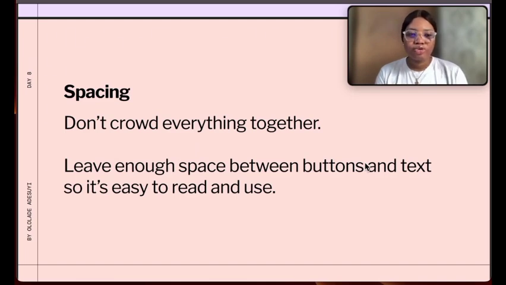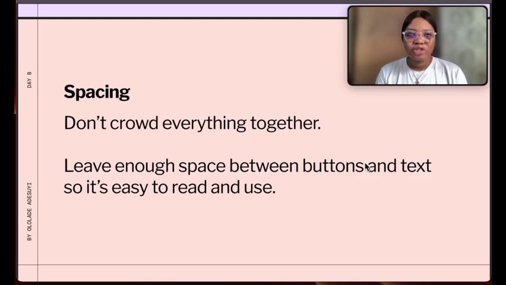It will help you to create a very clean and organized layout, right? So when you're designing, there's something we call negative space or white space. White space is usually the empty space around your elements.